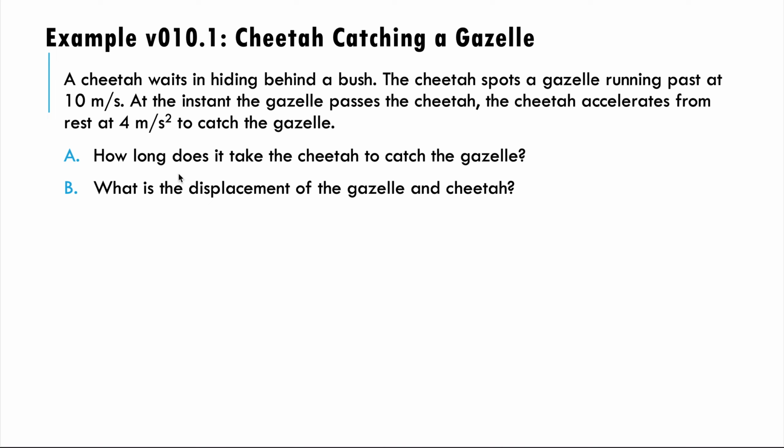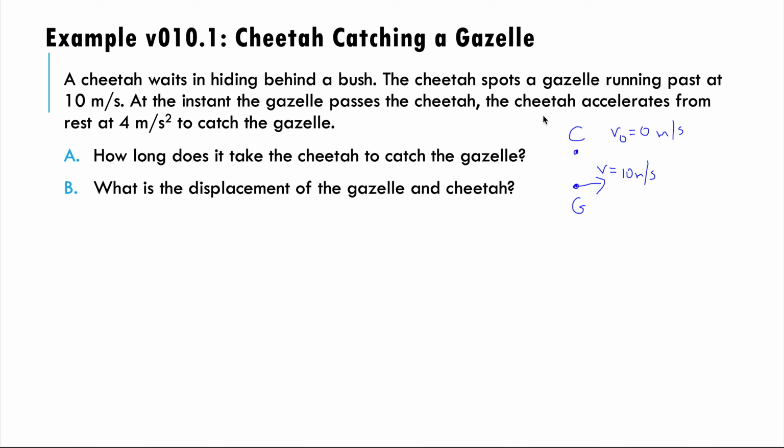So it's really good to just picture what is happening. We have the cheetah over here, and then it's waiting, right? It's starting from rest, so the initial velocity is 0. And then we have the gazelle that is moving past and has a velocity of 10 meters per second.